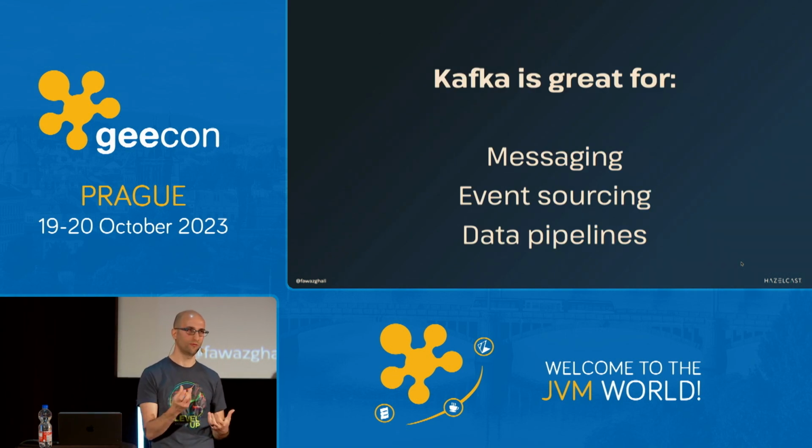So you can move your data from A to B, for example, or you can do event sourcing. So you can have some kind of IoT device or smart device. You read your data and you ingest it in a Kafka topic, and then you connect it to your application. Or even if you're a data scientist, for example, or a machine learning engineer, you can build a pipeline based on Java and Kafka.